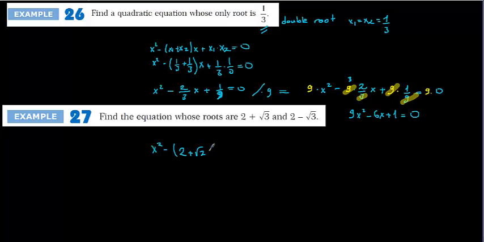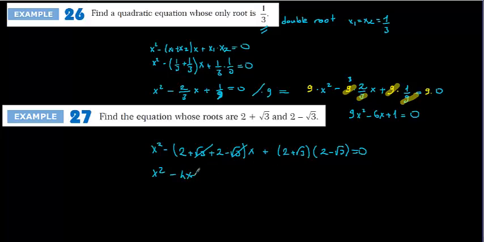It's x squared minus (2 plus root 3 plus 2 minus root 3) x plus x1 times x2 is equal to 0. Here root 3 and root 3 simplify each other, which is equal to 2 plus 2, equal to 4, and this is the last part now.